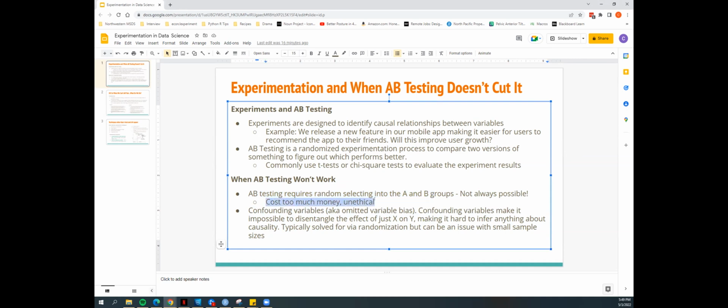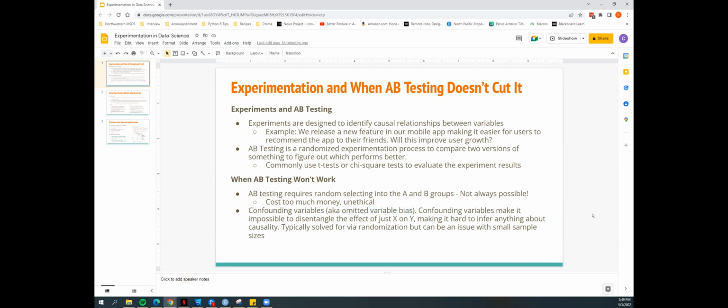It might cost too much money, it might be unethical, it might just take too much time for the company. Another one is confounding variables, also called omitted variable bias. Confounding variables make it impossible to disentangle the effect of X on Y, so you can't really infer anything about causality. We typically solve for confounding variables via randomization, but this can be an issue if your sample size is very small.